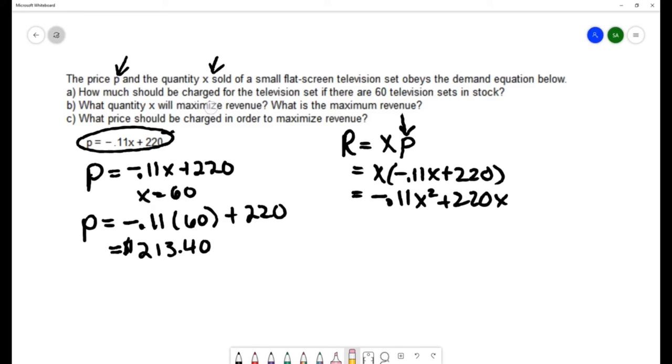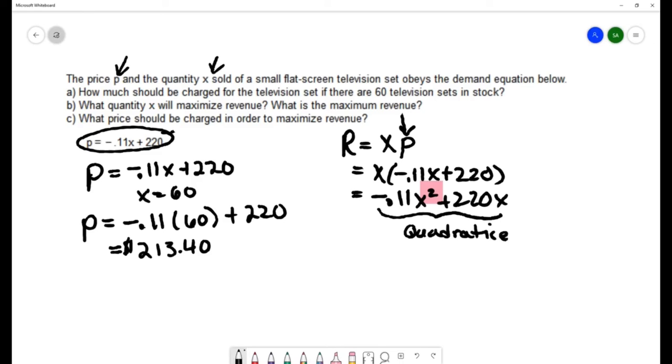So we have some theory to look at before we're able to answer this question. So here is the thought process that goes into this. Our revenue equation or function is a quadratic equation. I know it to be a quadratic equation because of the squared.